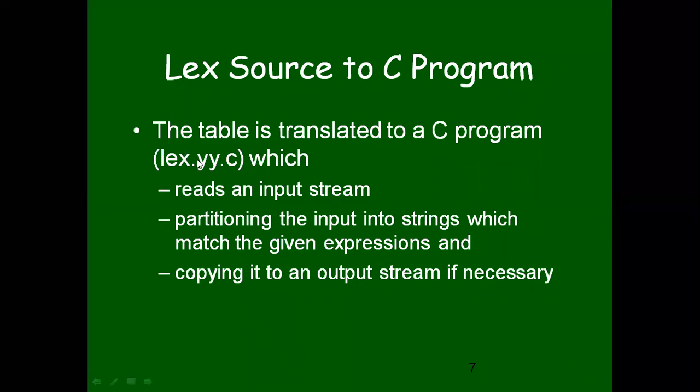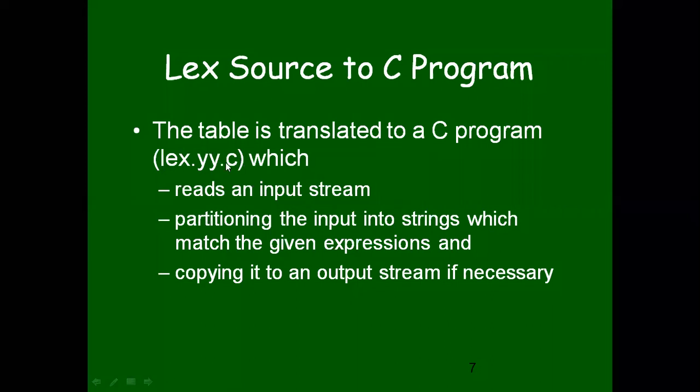See, in the concept of generating a lexical analyzer with Lex, at step number 1, the source is in the form of lex.l. After compiling with the Lex compiler, the output is in the form of lex.yy.c, right?